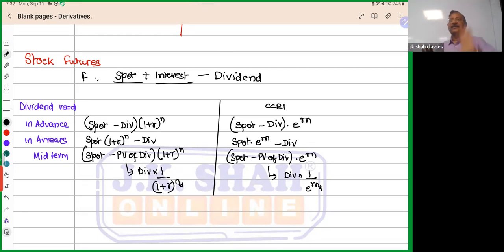So the concept is still the same, except you'll have to be careful that in case of commodities, you're going to add the storage cost because that's an additional element of cost. Whereas here, dividend is a source of revenue. So you'll reduce it from the cost.